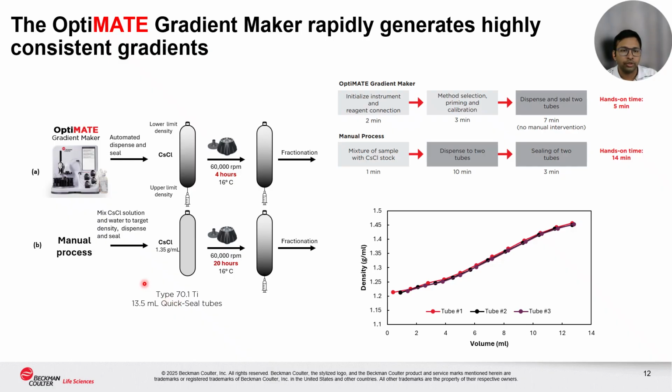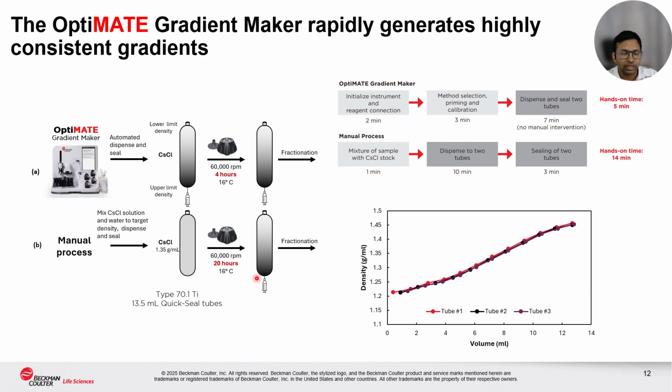And then you do the sealing manually. You're going to be doing an ultracentrifugation for 20 hours to allow it to form that equilibrium format gradient. Once that is done, you fractionate the post-run samples from the bottom of the tube by puncturing.